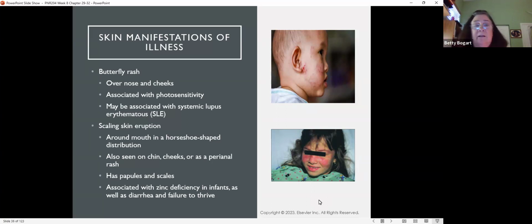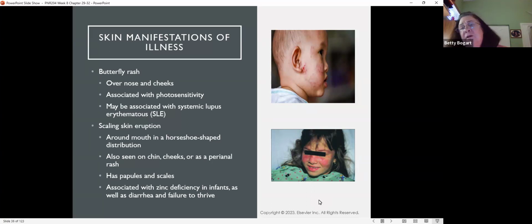Scaling skin eruptions around the mouth that look like a big horseshoe shape here and the chin. You can see it perianal. Again, scaling eruptions, and a lot of times these are rashes with zinc deficiencies.